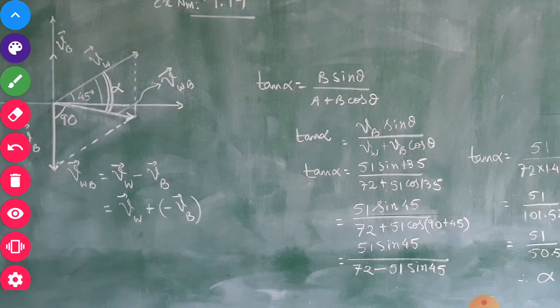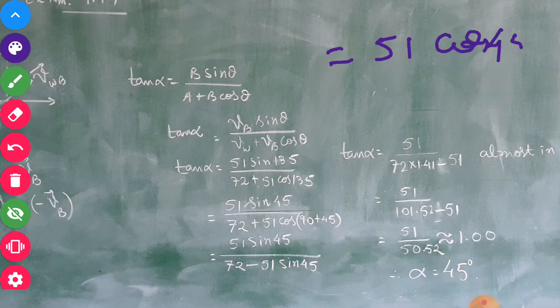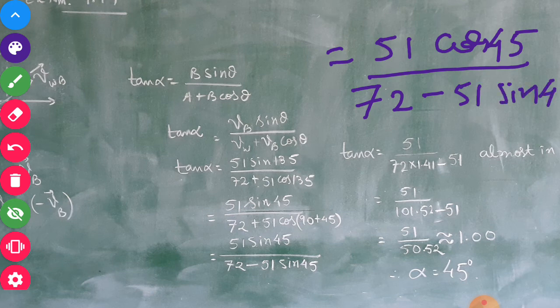So the formula can be written in a corrected way this way also: 51 cos 45 upon 72 minus 51 sin 45.